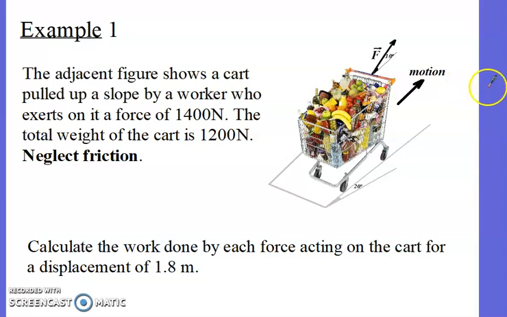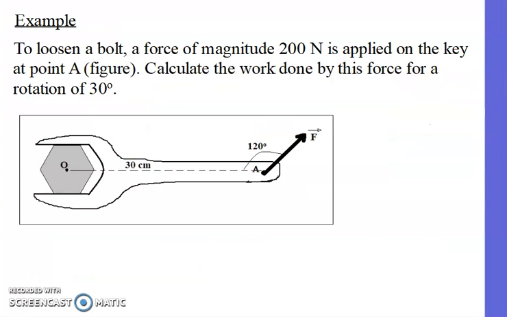We solved this example in the last video. Now let's solve an example about the work. Okay? Here we have a bolt, and we have here a key to loosen the bolt.